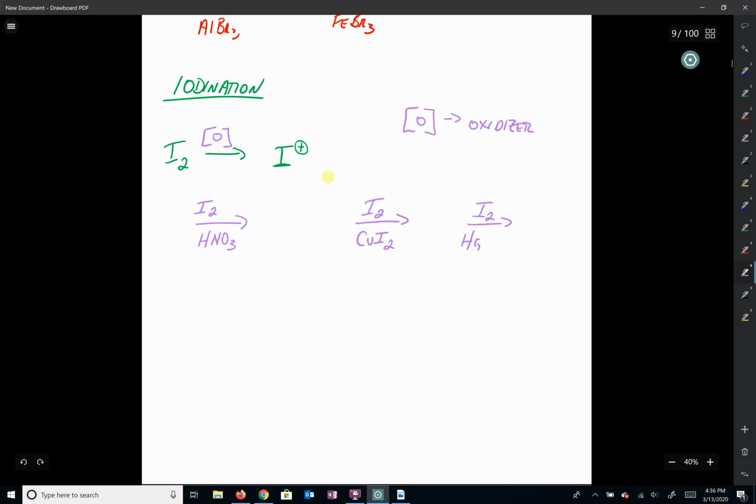Some mercury salts work. Some different copper salts work. It's not too hard. But then the same mechanism happens here. We generate an excellent electrophile, the ring attacks, and then the ring gets reformed. That's really all there is to it.